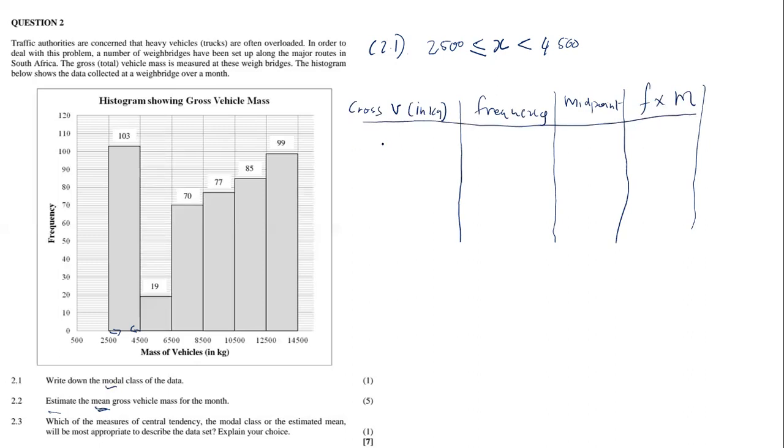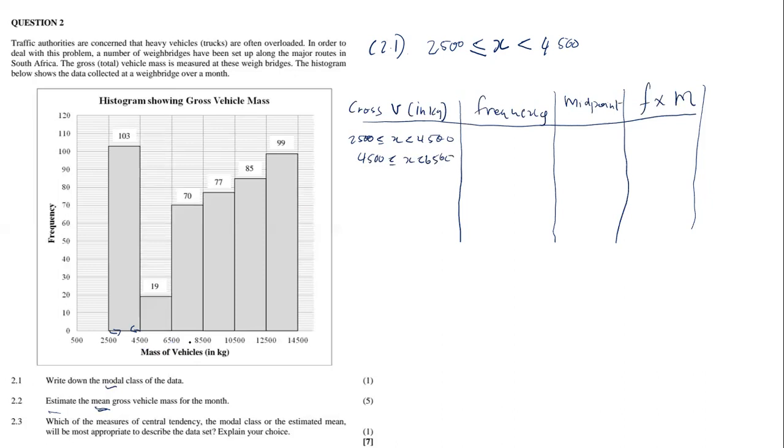It's our table. So the first class is 2,500 less than or equal to x less than 4,500. The second class is 4,500 including it, to 6,500.